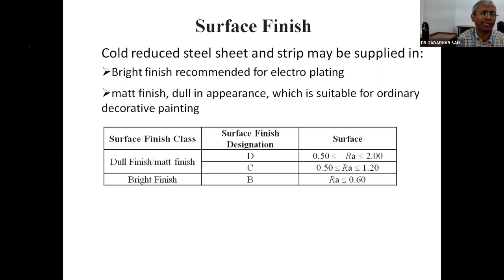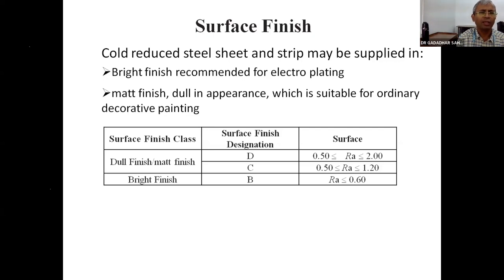Depending on the TDC and the requirement of the customer, the surface appearance can vary. It can be dull finish or matte finish, or bright finish, depending on the roughness of the roll in the skin pass mill. A matte finish, dull in appearance, is very suitable for decorative painting, but a bright finish is for metallic coating or electroplating sort of things.